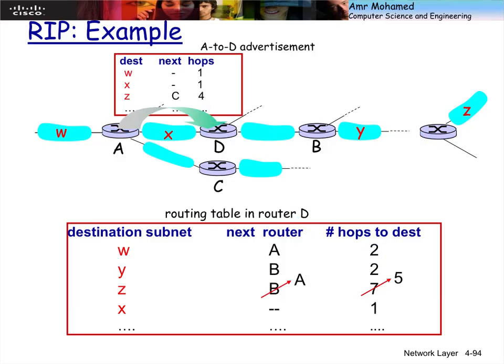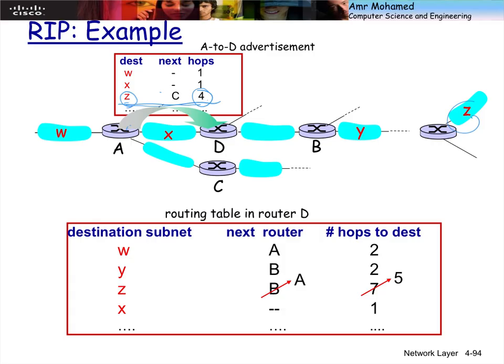Now, router D receives distance vectors from its neighboring nodes. It received from A that A now has a cost to Z, which is 4. So this is received from router A. Router A reported its own distance to router D, which says that to reach router Z, I can reach it with a cost of 4 hops only.